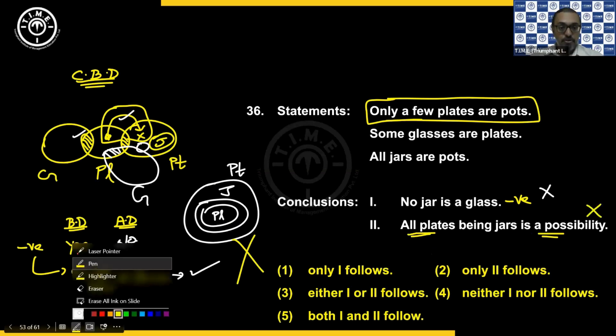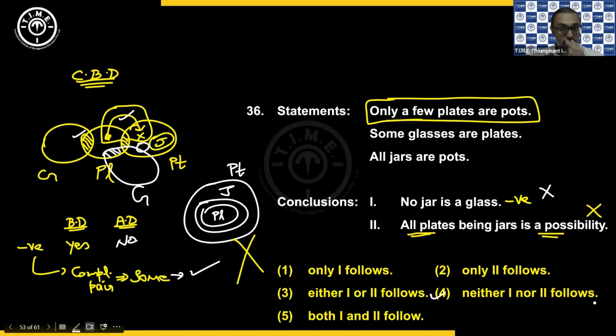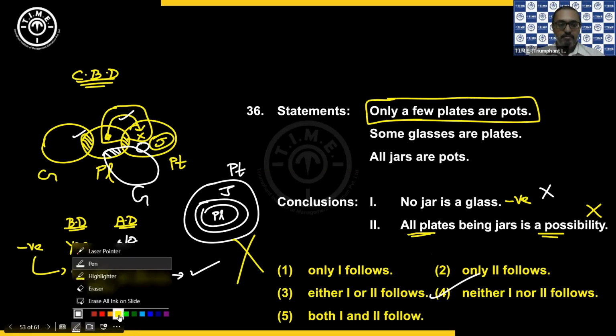So my answer for this is going to be neither 1 nor 2 follows. Correct? Yes. Okay. So understand the movements of the circles based on the restrictions we have. That is how deductions can be answered. Okay. Right.